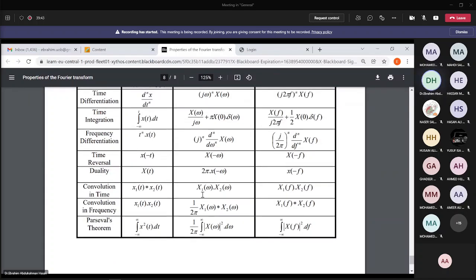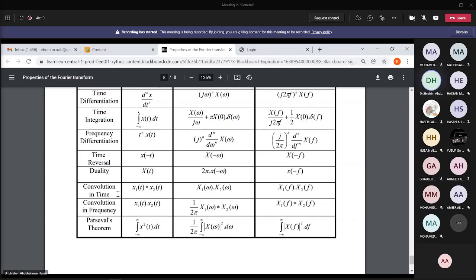One very important property is convolution in time. Here, if we have a convolution x1 of t convolved with x2 of t, we change it to multiplication in the frequency domain. So it is equal to x1 of omega multiplied by x2 of omega, or x1 of f multiplied by x2 of f. And this is a very important property.